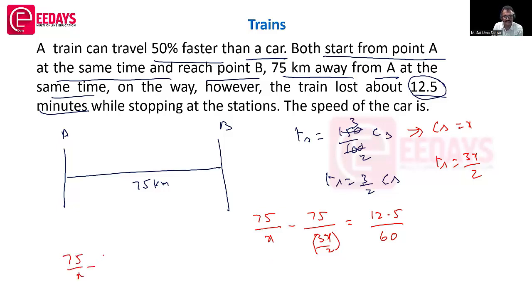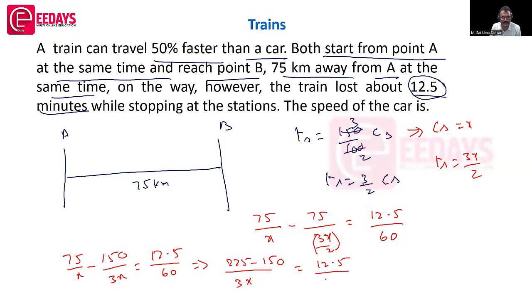Okay, so 75/x minus 150/3x is equal to 12.5/60. That implies this is equal to 3 times 225 minus 150, which is equal to 20.